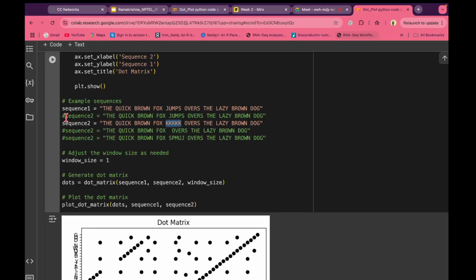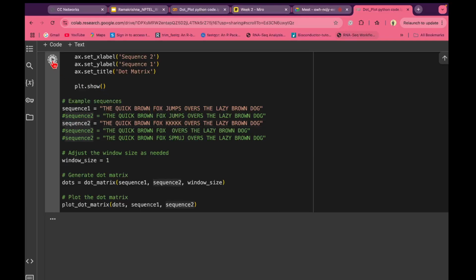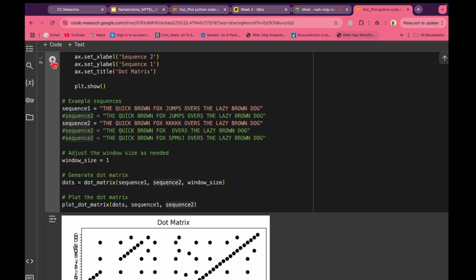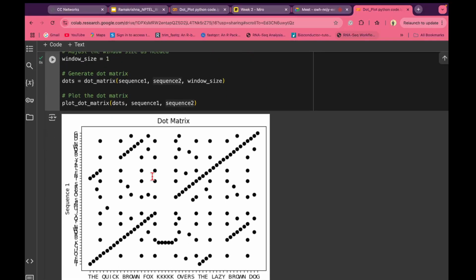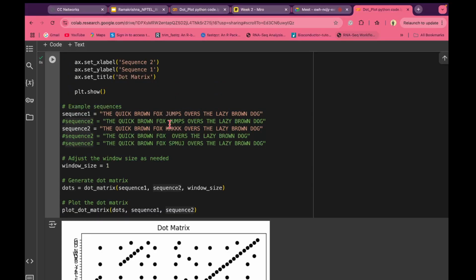To deselect the initial sequence, just add the hashtag symbol in front of the second line sequence 2, and remove the hashtag symbol in front of the third line sequence 2 and click on run. Now we can see a gap has been introduced here. This gap is because of the substitution that happened for the word "jump".